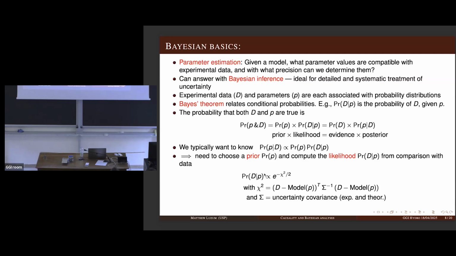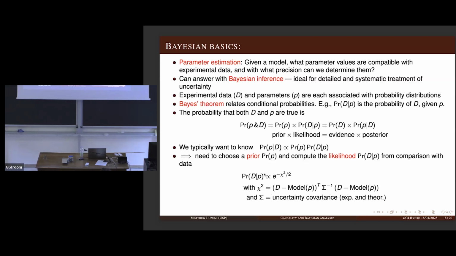This is just kind of arbitrary, but a very common thing looks something like this, where this chi-squared is roughly what you think of as a chi-squared, how good it fits, and you just exponentiate the square of that. But you could put more information.